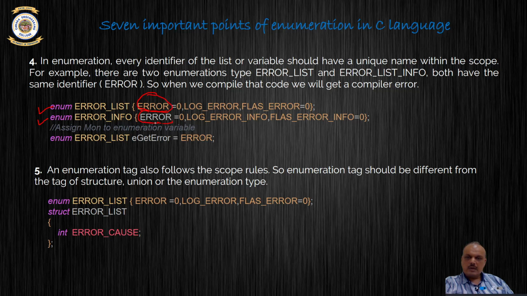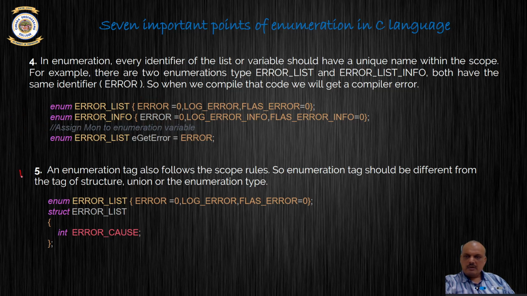So this is not permitted. No two enumerator types should have the same enumerator name in their lists. This is wrong, and you will end up with an error.